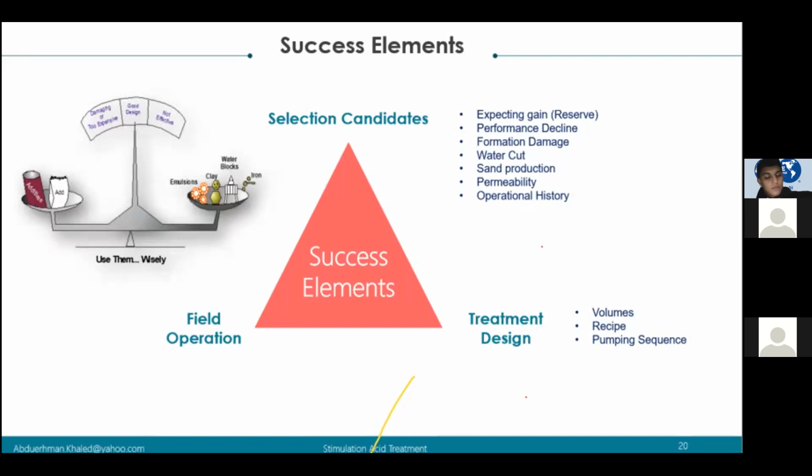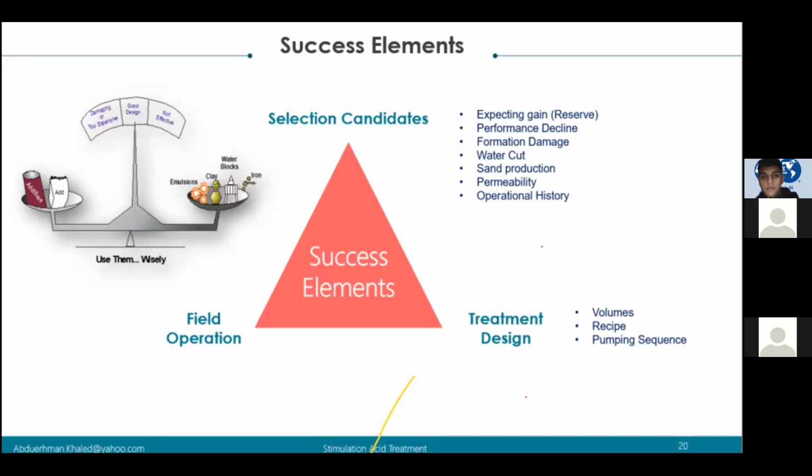Staged treatment is really common in sandstone or clastic stimulation to minimize the impact of unwanted secondary reactions. And the use of pre-flush and after-flush has proven to be the best practice in sandstone.